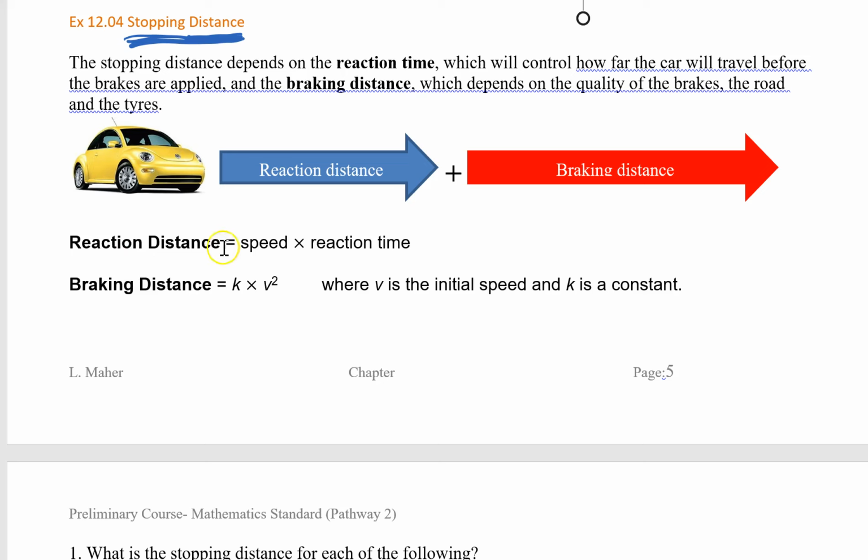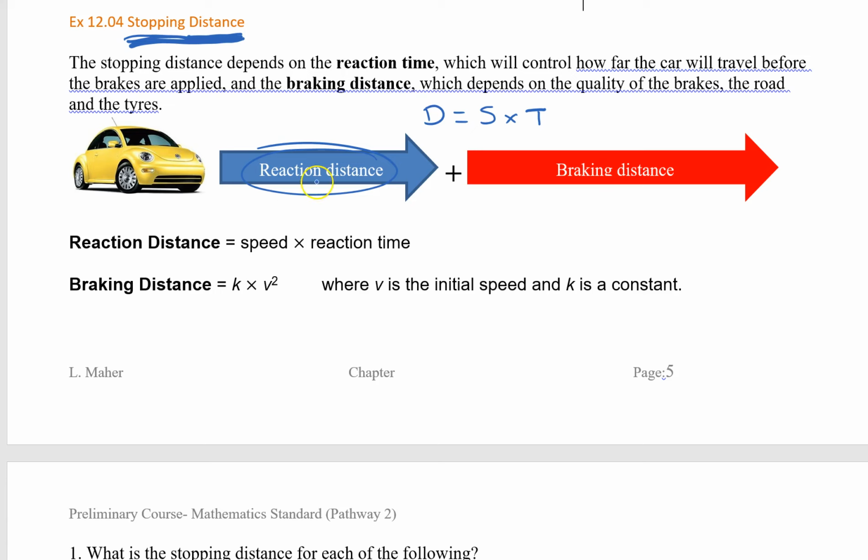The reaction distance is calculated using distance. We know that distance is speed times time. We've used that formula many times before. That works perfectly for this reaction distance. There are no other factors that need to be considered.